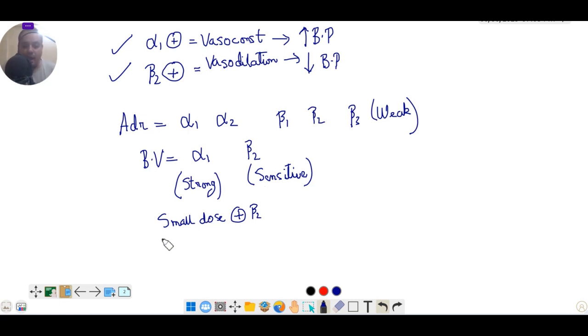And if there is a high dose of adrenaline within the blood, then since the alpha 1 is a much stronger receptor than the beta 2, the action of alpha 1 is going to predominate. So the action of alpha 1 predominates in case of a high quantity of adrenaline in the blood.